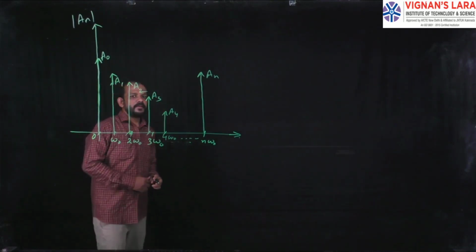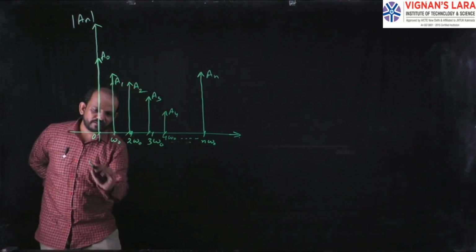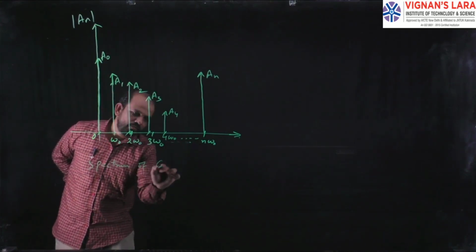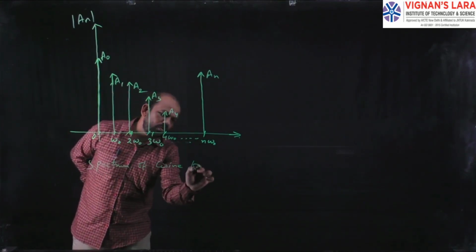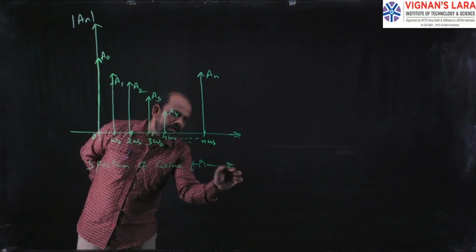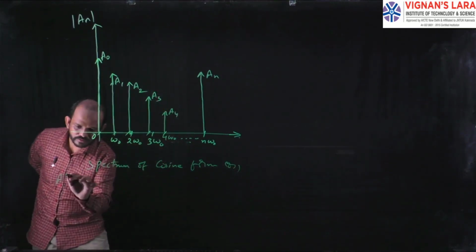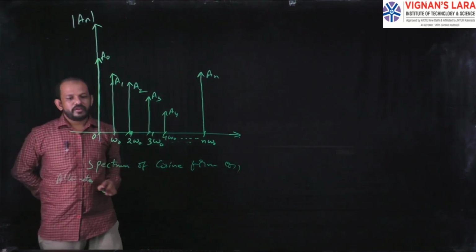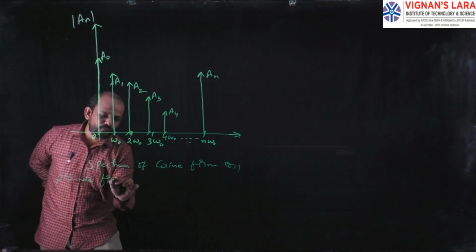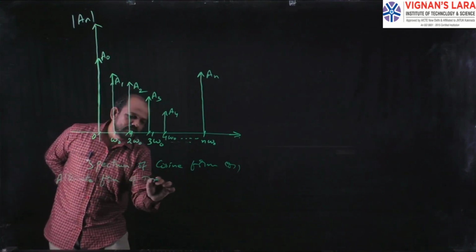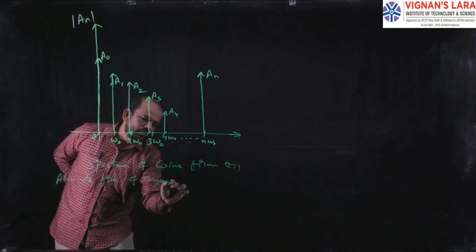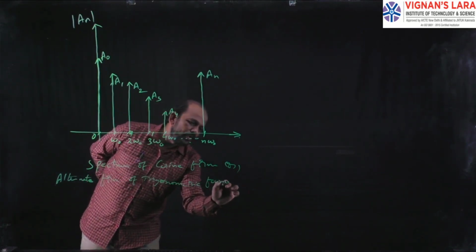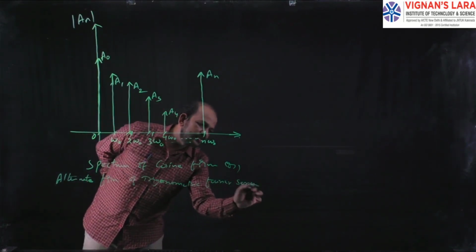Okay, so this is the spectrum of the cosine form or alternate form of trigonometric Fourier series.